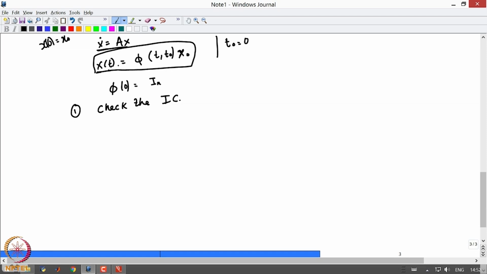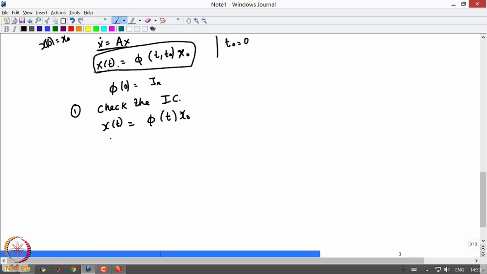So this is the solution which I propose: x of t is phi of t comma t naught, and I will just omit the t naught since it is 0, times x of 0.